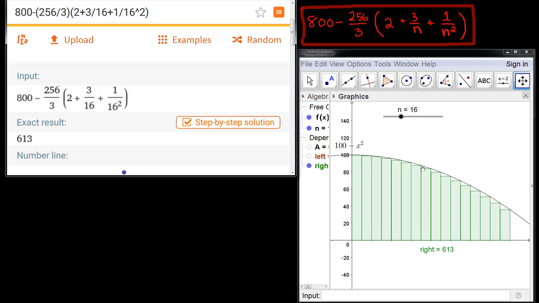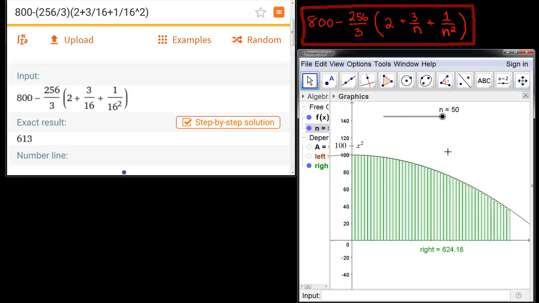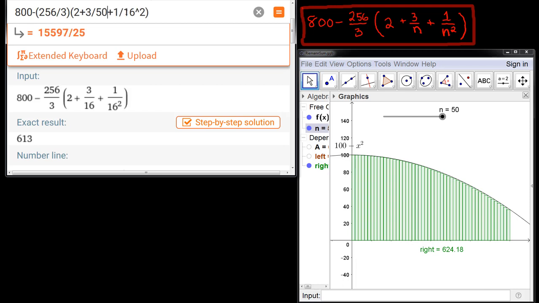So again, this is really awesome, because suppose I jack this up to 50. GeoGebra can do this, because GeoGebra is smart. But I wouldn't want to have to do this myself. Adding up all 50 of these rectangles would take me all day. But using this formula, that won't take me long at all. Everywhere I see an n, I put 50.